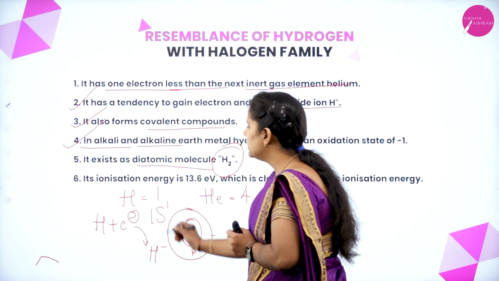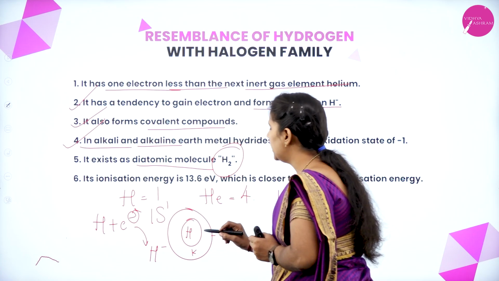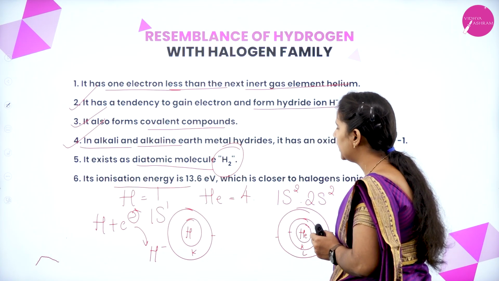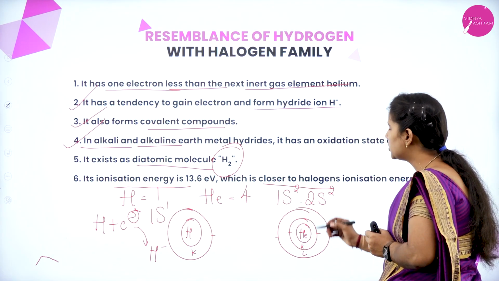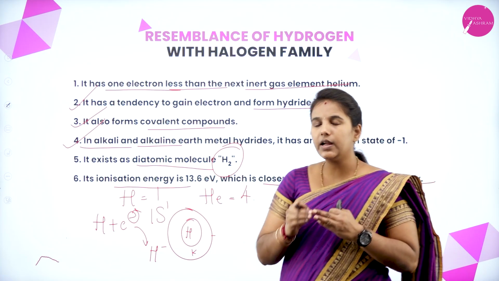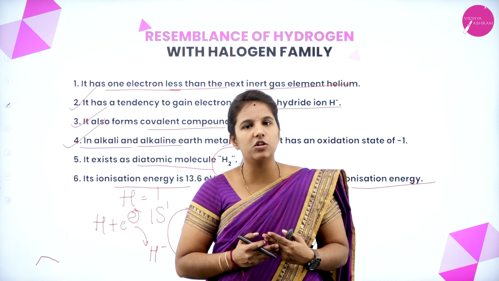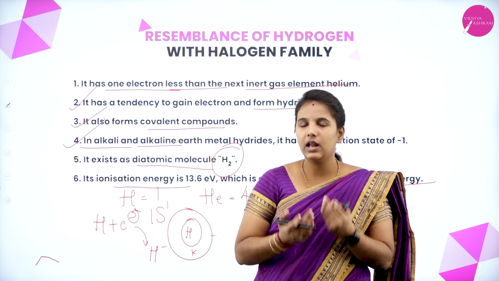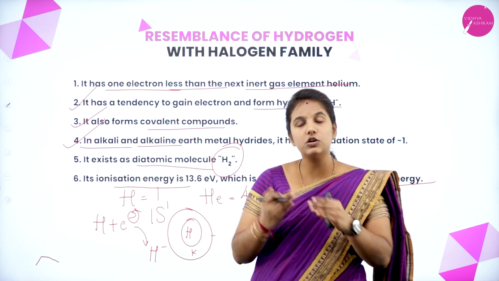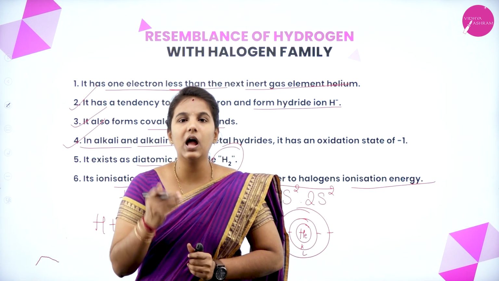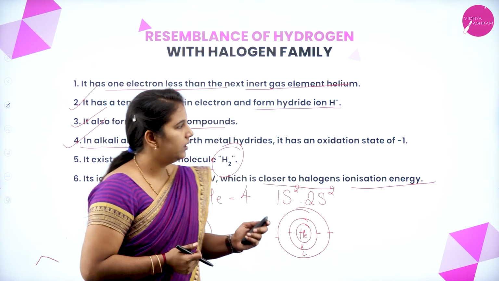Its ionization energy is 13.6 electron volts, which is very close to the halogen ionization energy. So when we compare their ionization energies, they are almost the same. This shows that hydrogen can also resemble the halogens, which are present in group 17.